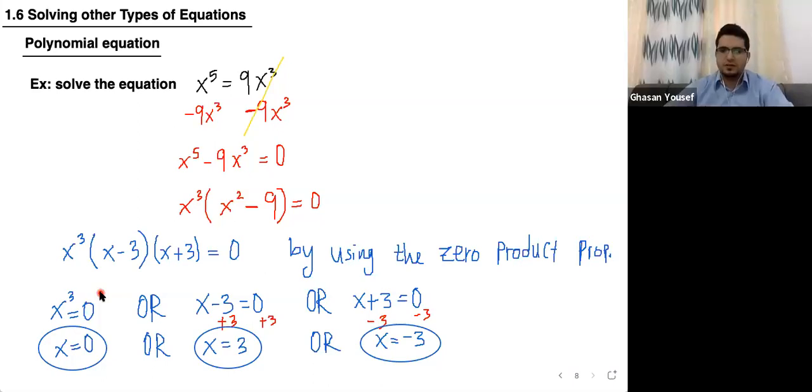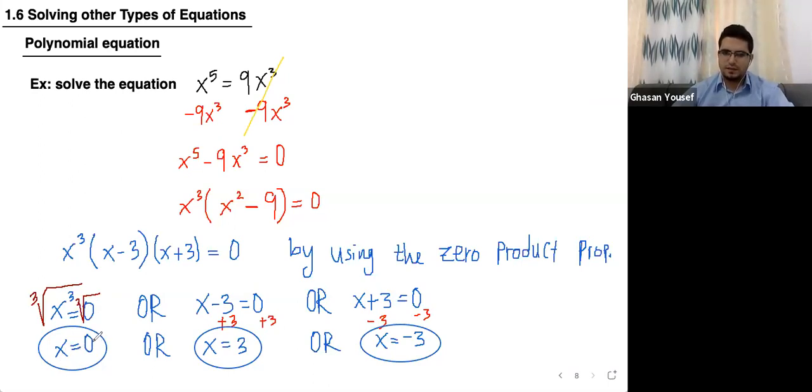This is correct. And I have another solution, Eric: you can take the cube root for both sides. The cube root of this one gives me x only, and the cube root of 0 is 0. So I get x equals 0.